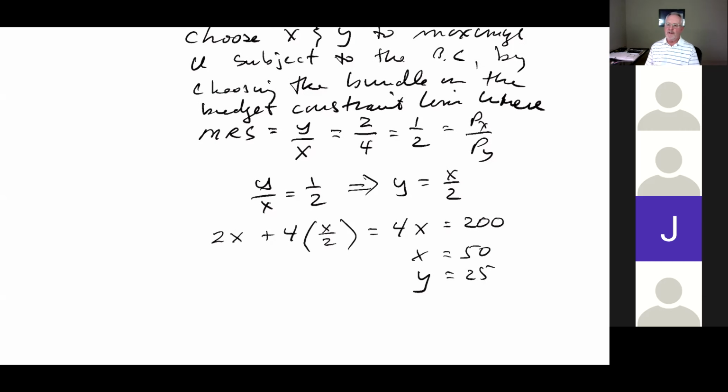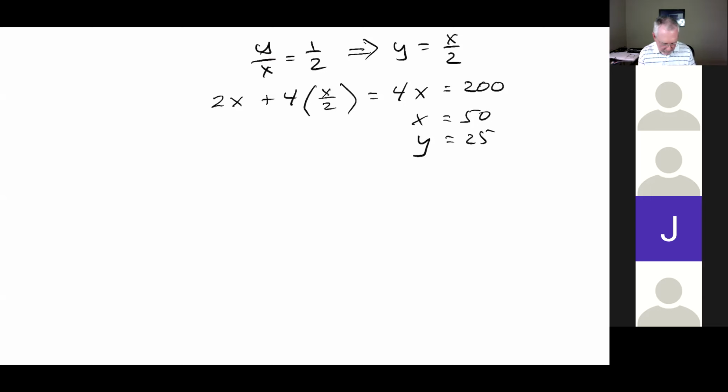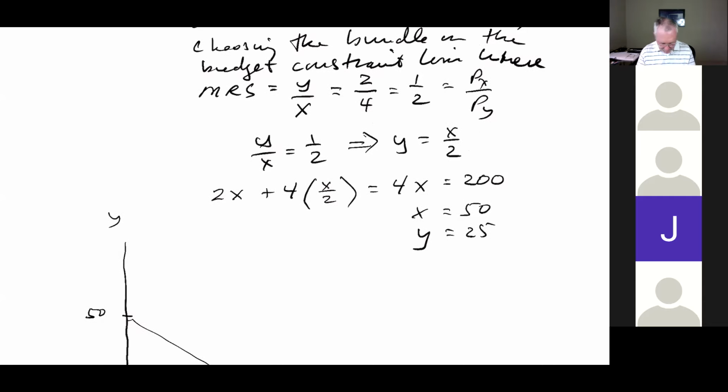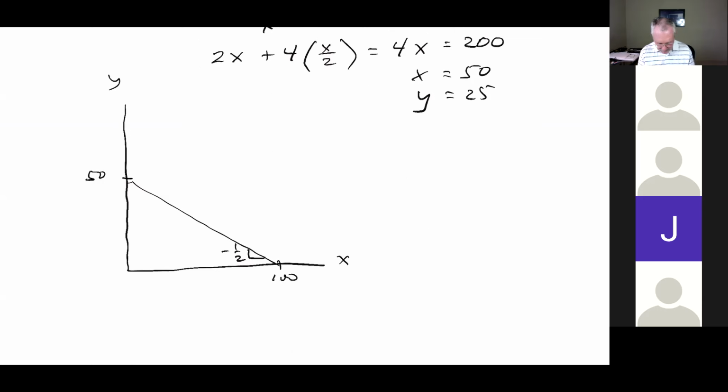So I have the initial conditions for my consumer: a bundle of 50 units of X and 25 units of Y. I could buy a maximum of 100 X's or a maximum of 50 Y's, and the budget constraint line has a slope of minus 2 over 4, or minus 1/2. My consumer purchases a bundle that works out to be the midpoint on this line.